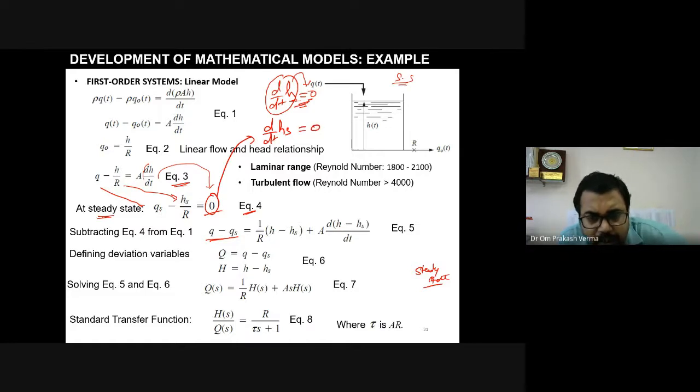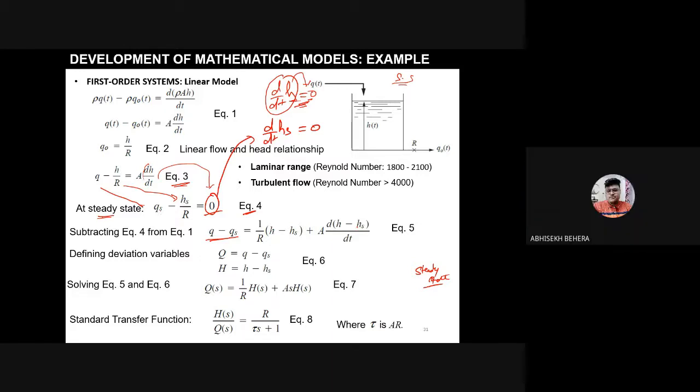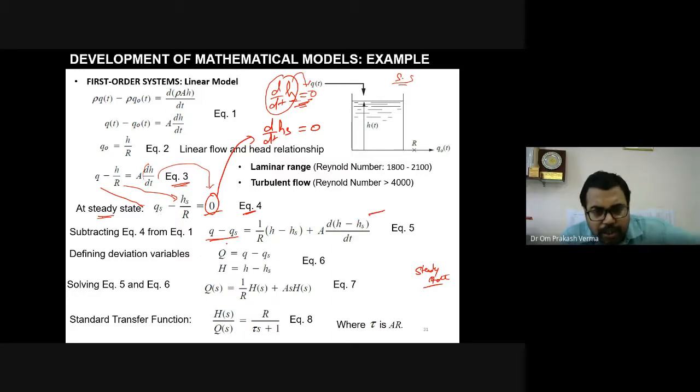Am I right? So d by dt of Hs is equal to 0, and therefore when you subtract this equation, A d by dt of H minus Hs. Am I right? Okay, so this is equation number 5.